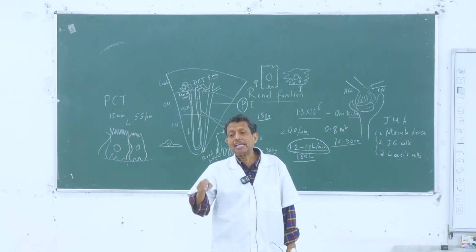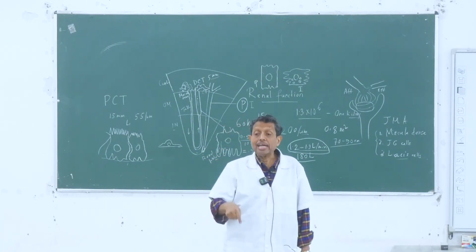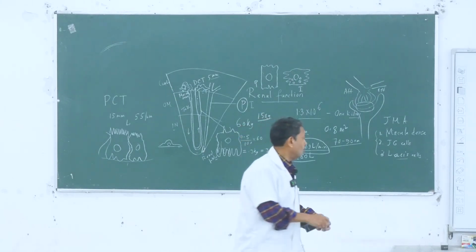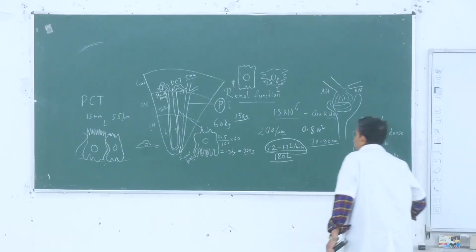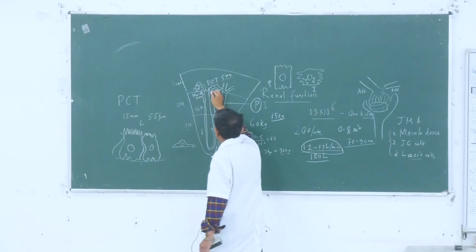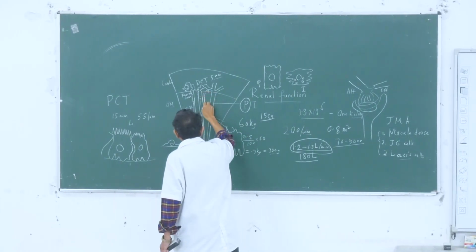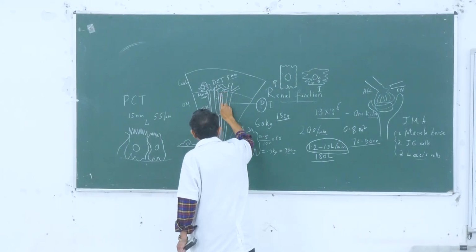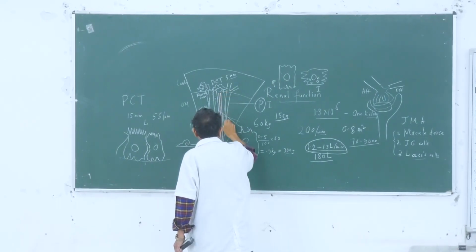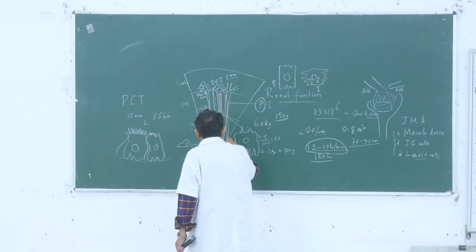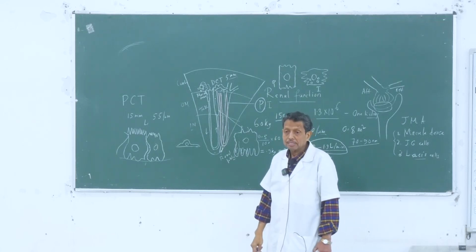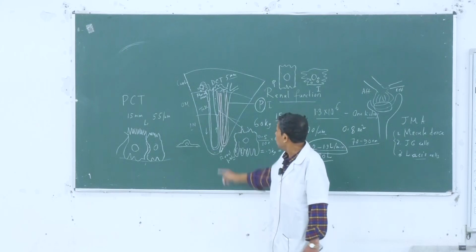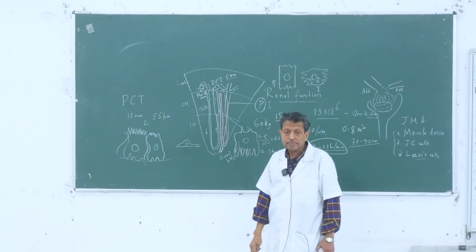At the same time, they have long hairpin-like loops that accompany the renal tubules, the loop of Henle, almost up to the tip of the papilla. They are called vasa recta.